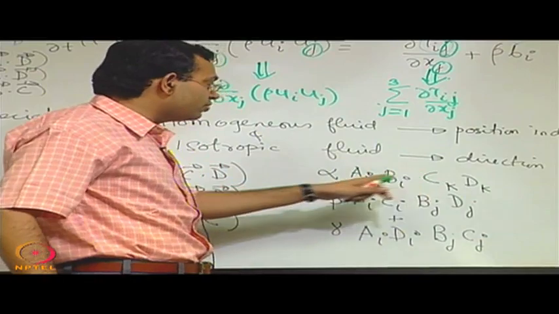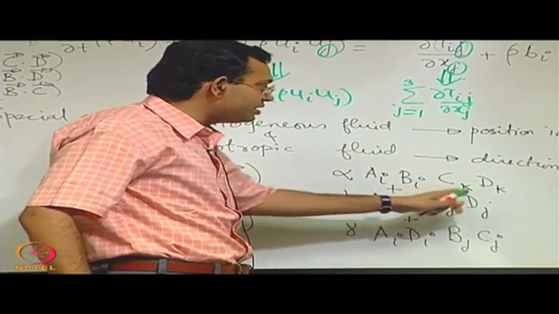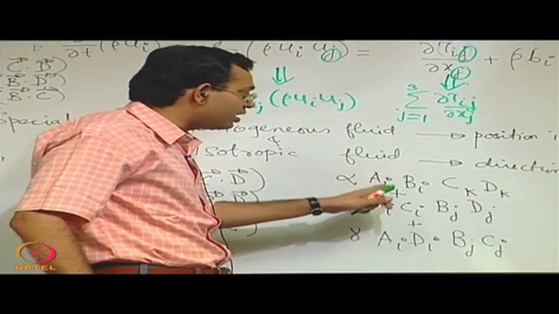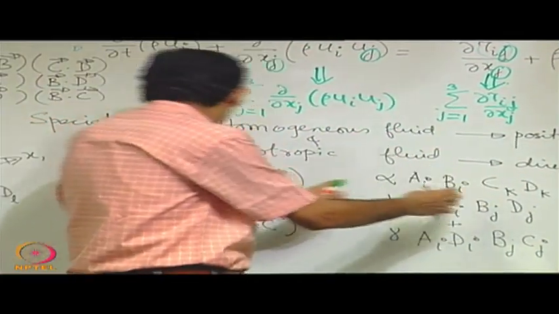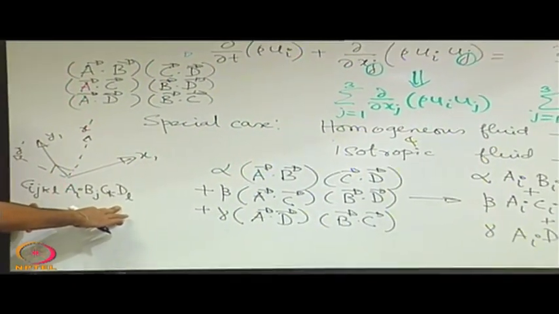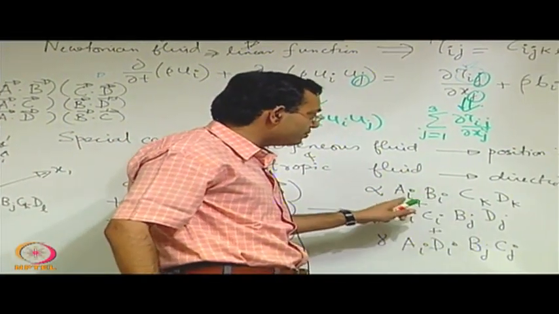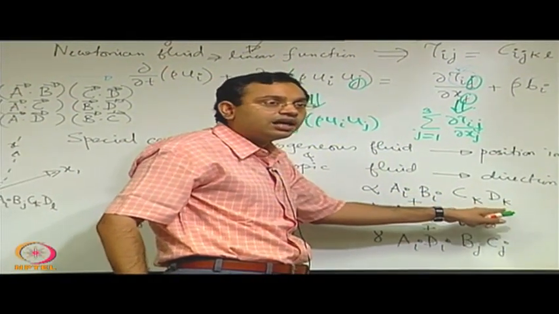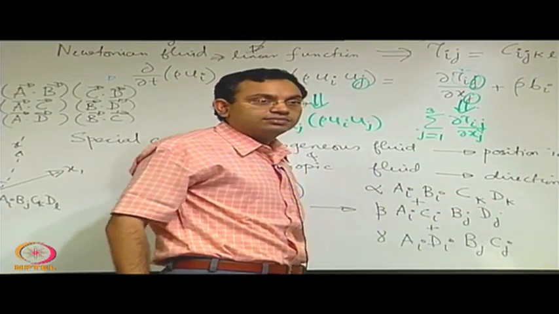So, if somehow we can convert these indices of A, B, C and D as entirely different, like one i, another j, k and l, then we would be able to compare this form with the form that we have for our constitutive relationship. So, our next objective will be to convert these forms like Ai, Bi, Ck, Dk to a form like Ai, Bj, Ck, Dl.